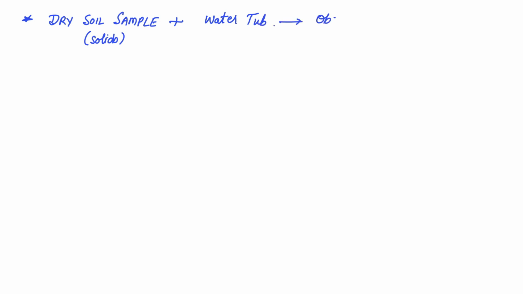So for that, let us understand what we are going to do. We are going to take some dry soil sample, and I am going to mix this dry soil sample, that is, only the solids of the soil, into a water tub, and then observe the layers of water.